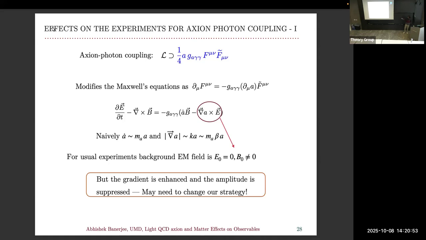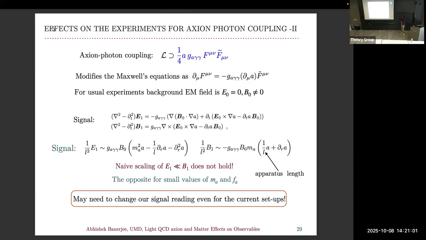Maybe it's better if we just put a background electric field compared to magnetic. I did try to say that to our experimental friends, but one guy really laughed at me and said, you have no idea about the experiments, which is true. You cannot just change your setup, right? Fine. So let's say I keep my background electric field at 0 and the background magnetic field not 0. That's the experiment.